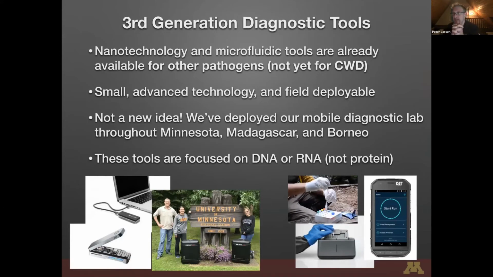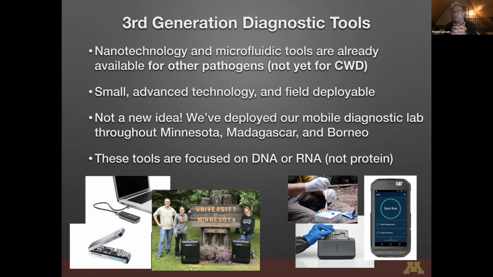And I talk a lot about portability and field-based assays, and the reason why I think this is an achievable goal of eventually getting a deer side test, or something that could be set up at a DNR field station, is that in my own lab, I am using microfluidic and nano-based genomic technologies that are miniaturized that we're using for pathogen surveillance. I'm showing you the tools at the bottom here.